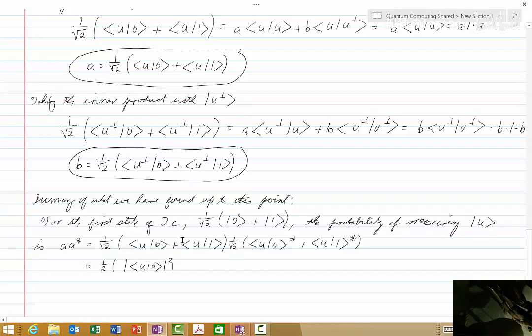And similarly, when we take the inner product of u with 1 and multiply that by its complex conjugate, we will get the magnitude squared of u with 1.